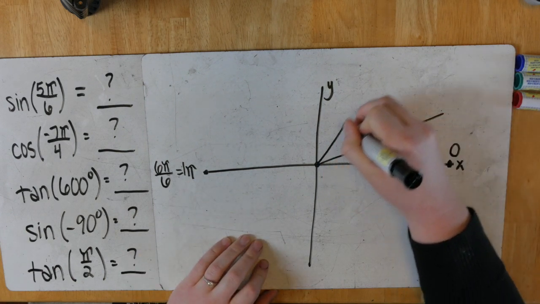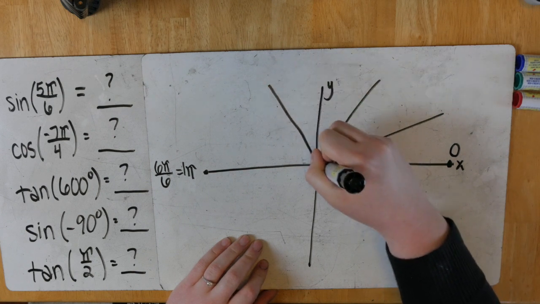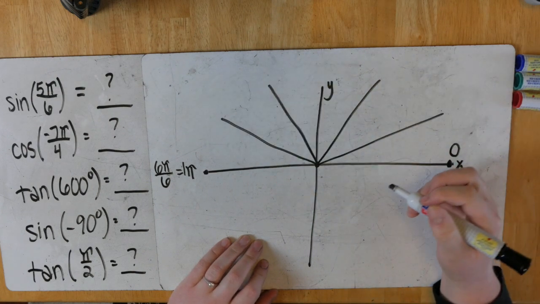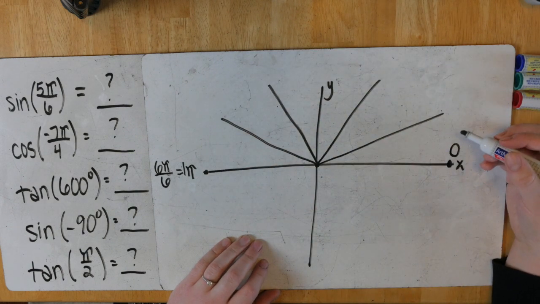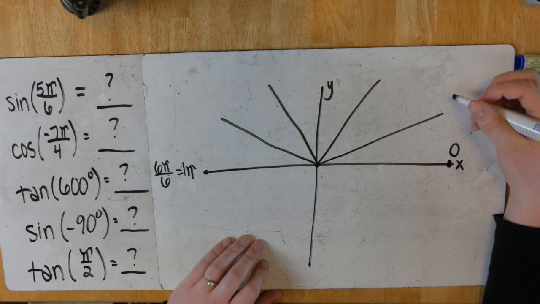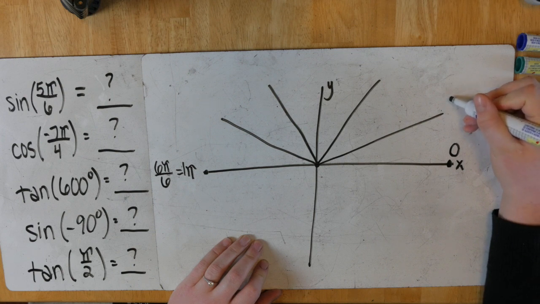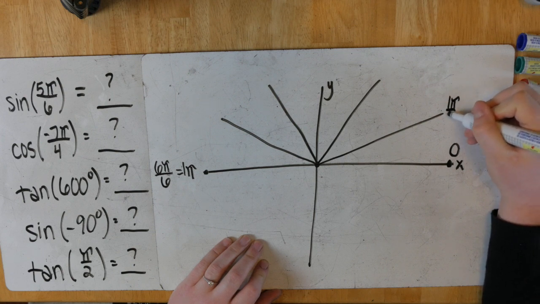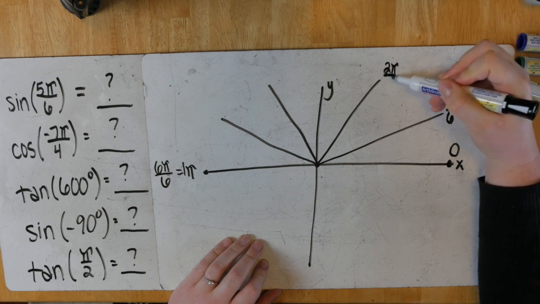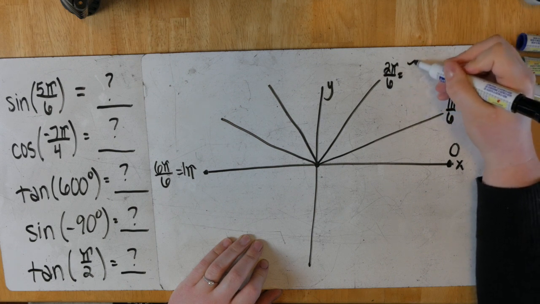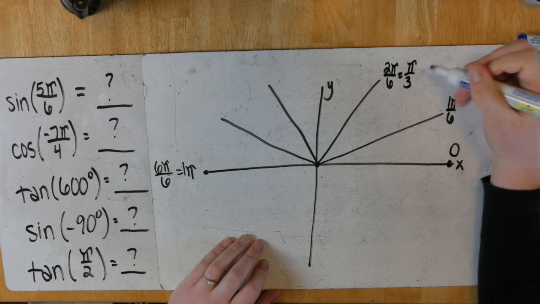So I'm going to break that unit circle up into those 6 pieces, and then we're going to count around the unit circle, which you'll see is an incredibly helpful tool. We're first going to have 1 pi over 6, and then 2 pi over 6, which reduces down to 1 pi over 3.